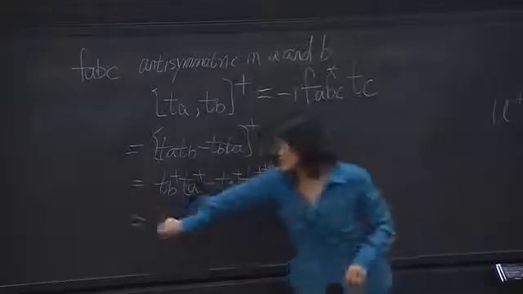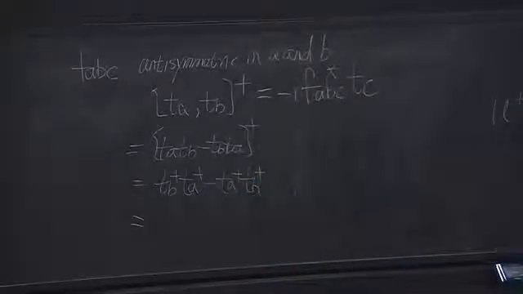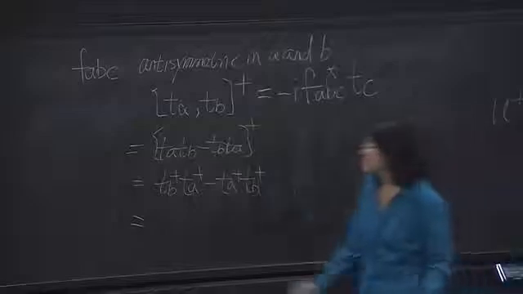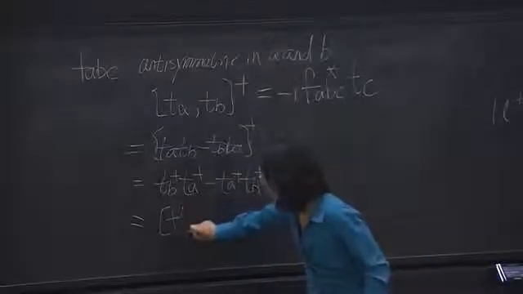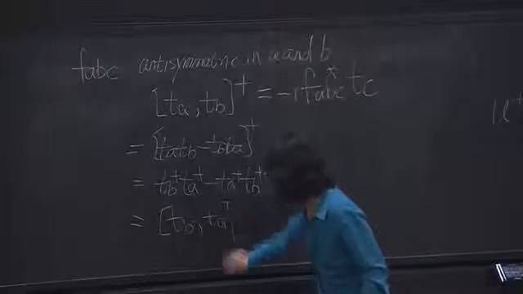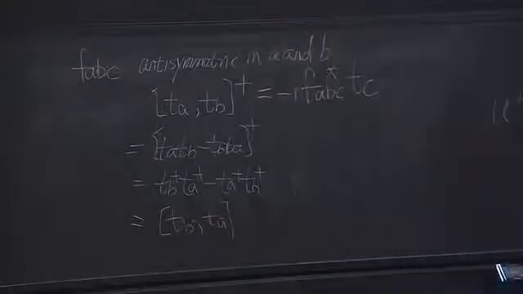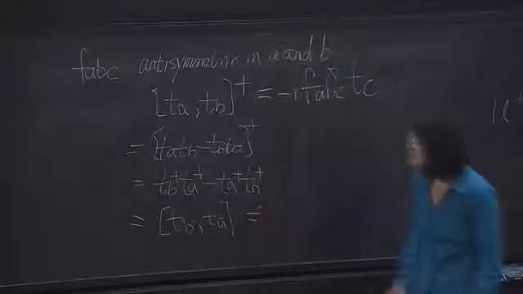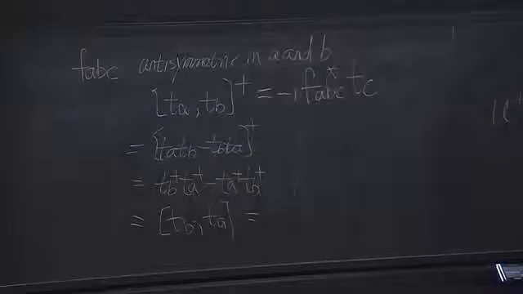But those daggers are not here, because they are Hermitian. So this is really TB, TA's commutator. Right? Well, we know what TB, TA's commutator is. It's just minus that guy.